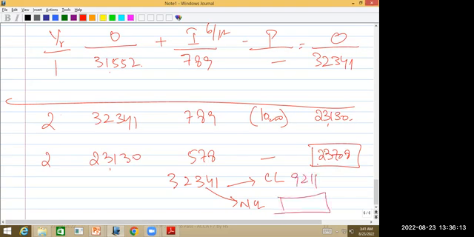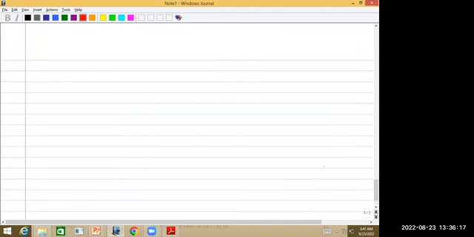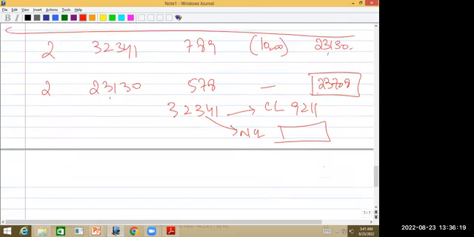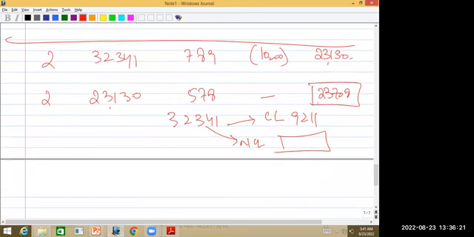Non-current liability will be the difference, 32341 minus 9211, 23130.